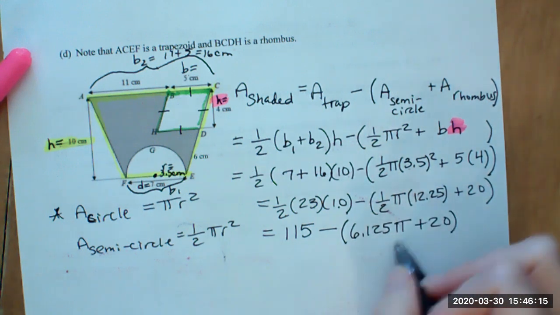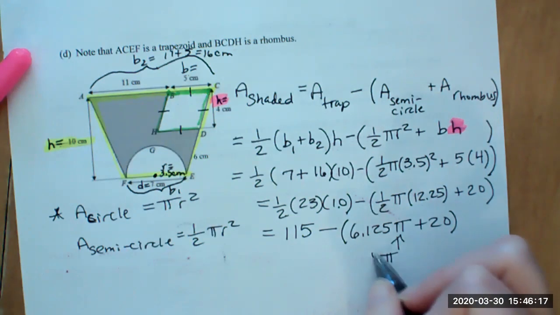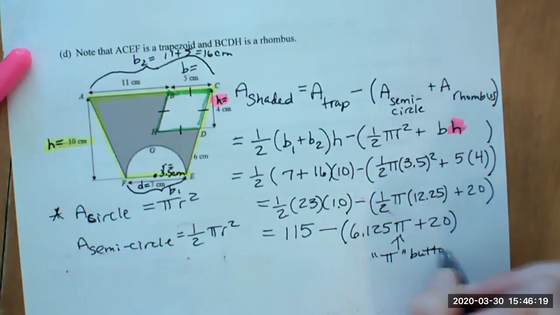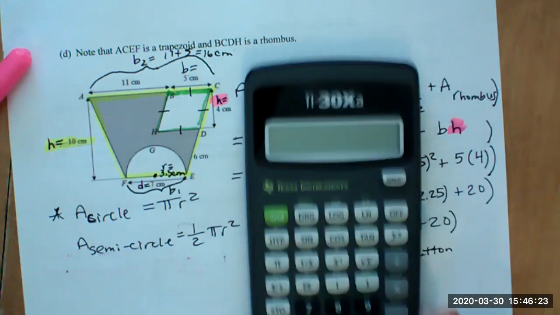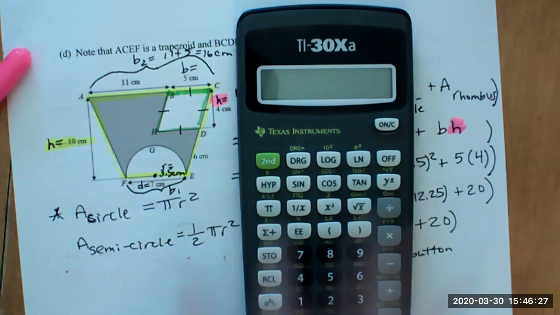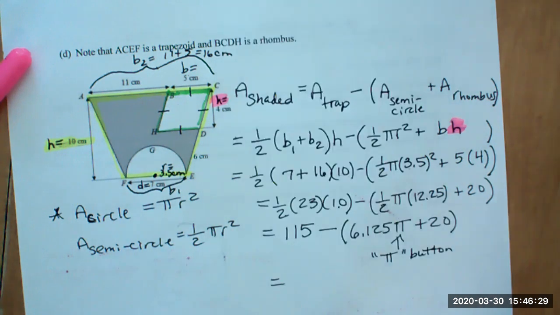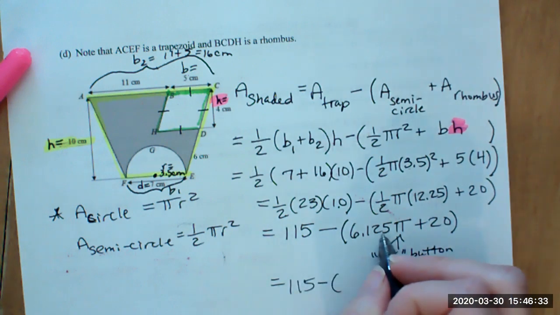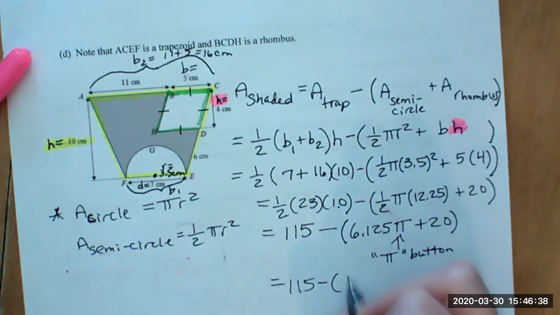Okay, now here, this is where I'd use the pi button. So go ahead, remember on your calculator the pi button is right here. So when you're working this out, use that pi button. So I've got 115 minus 6.125 times that pi button is going to give me 19 point something.